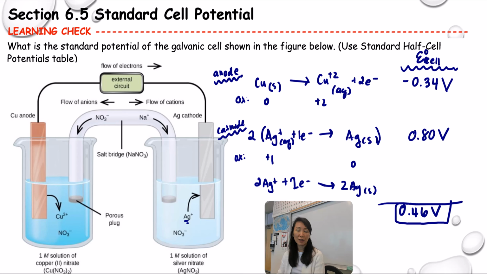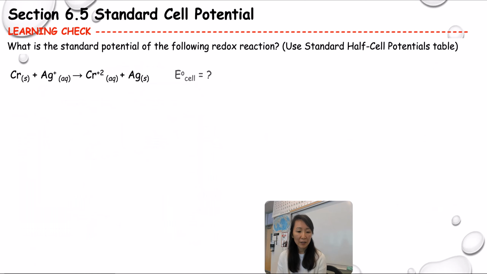And in order to do that, we need to find out the half potential for each. Let's do another learning check. Here it says, what is the standard potential for the following redox reaction? So instead of giving an image of a cell, it's giving you an overall reaction. We want to take half reactions and then go from there. Let's take chromium, so Cr solid forming into Cr 2 plus.